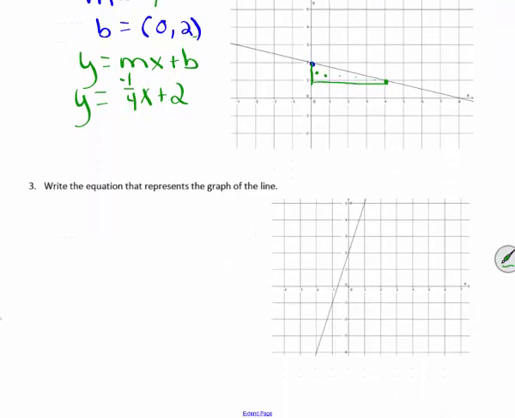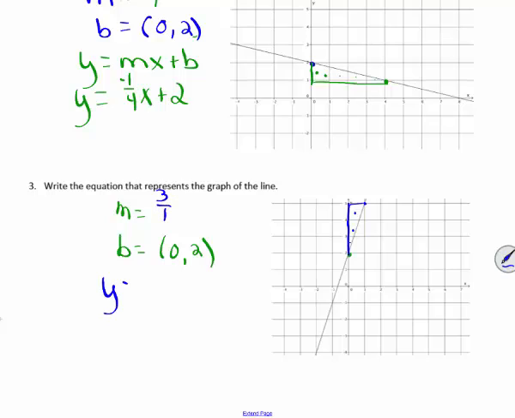I like when they're nice and easy. So here's my y-intercept, same y-intercept, because I need m and I need b. b is (0, 2). Now I'm going to go from green to blue, so this time I'm going up. And it's a positive graph. We know that because it's increasing. So we're going up 1, 2, 3, and we're going to the right 1.